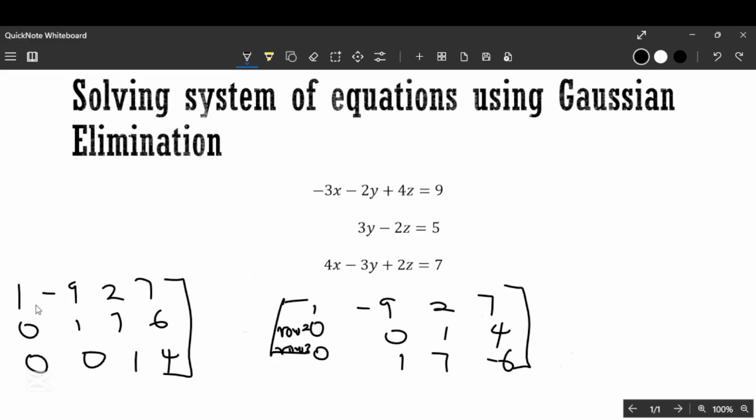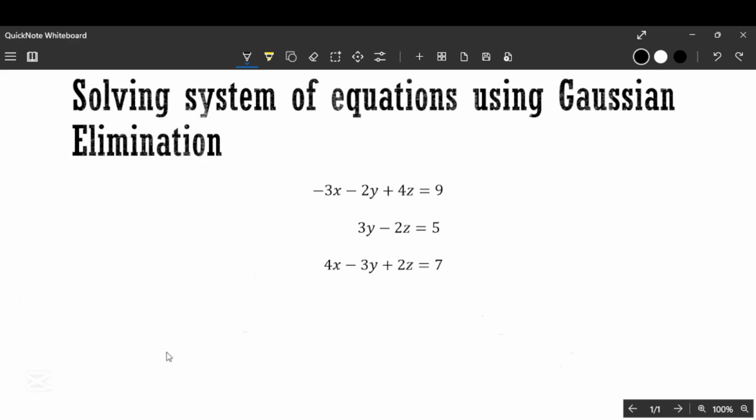So you could see that if we change the position of row 2 and row 3, we could have had the matrix in a row echelon form. That is also another way. If possible, you can change some rows, and if the matrix is not in a row echelon form, there is a way out if it is possible.